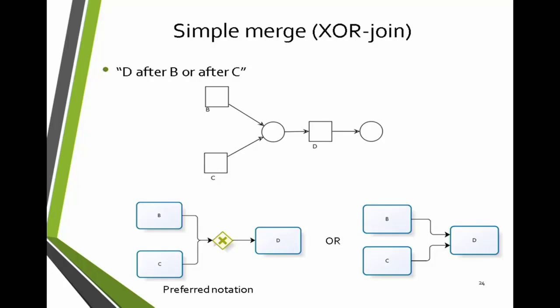Suppose I have these paths joining, but after this one I have another choice, between D and E. Many people would just model two outgoing arcs here, so that this gateway serves both as the join, the merge, as well as the split for the next part. Well, that's something that I discourage. I would use two gateways next to each other. I would model another split gateway and then the two activities that model the split. It's my advice to you.